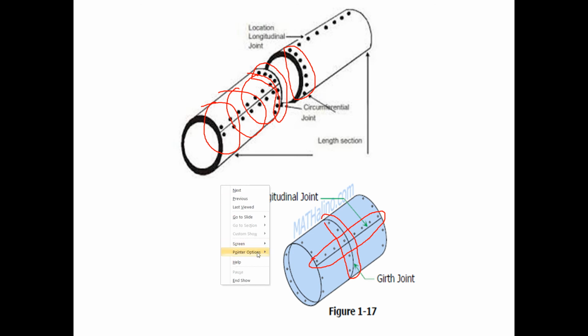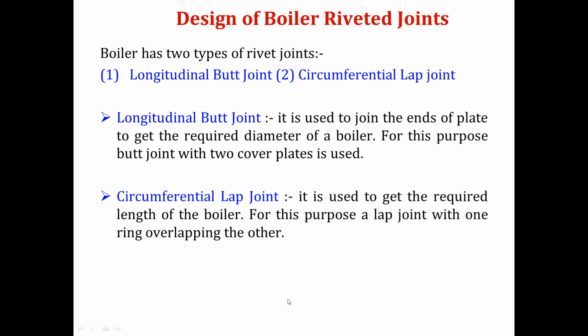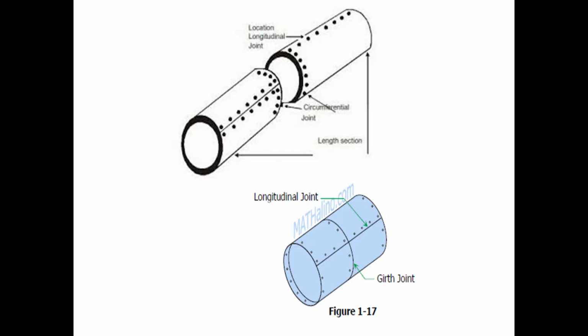So now let us move on to the design procedure of the longitudinal butt joint. Before going to the design part, there are some assumptions which you need to keep in mind for designing the longitudinal butt joint.